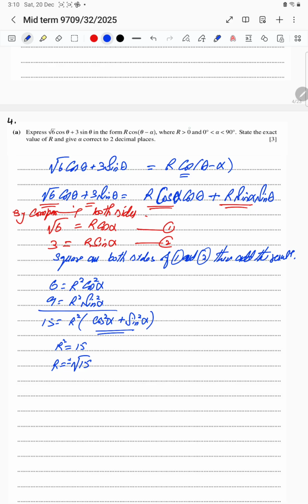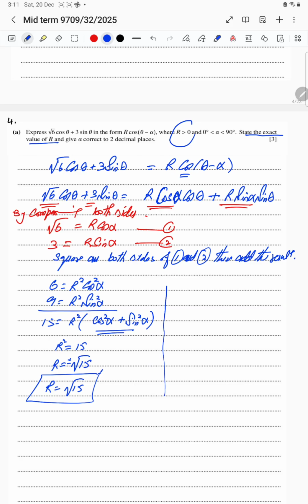But it is given in the question that r is bigger than 0, so I will take r as square root 15, or 3.8 something. The question states to give the exact value of r, so you can't approach this in decimal 3.8 something. If you write that, you can lose marks.